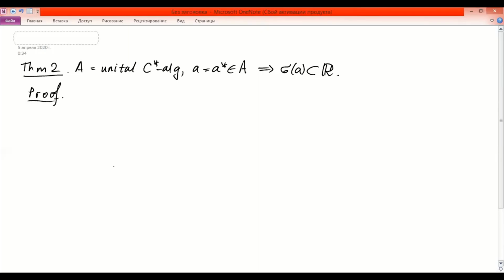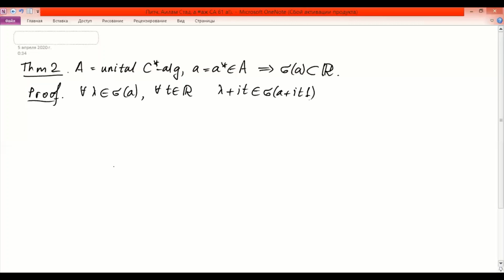So to prove this result, we take any point lambda in the spectrum of a. We take any real number t, and we observe that lambda plus it sits in the spectrum of a plus it1.